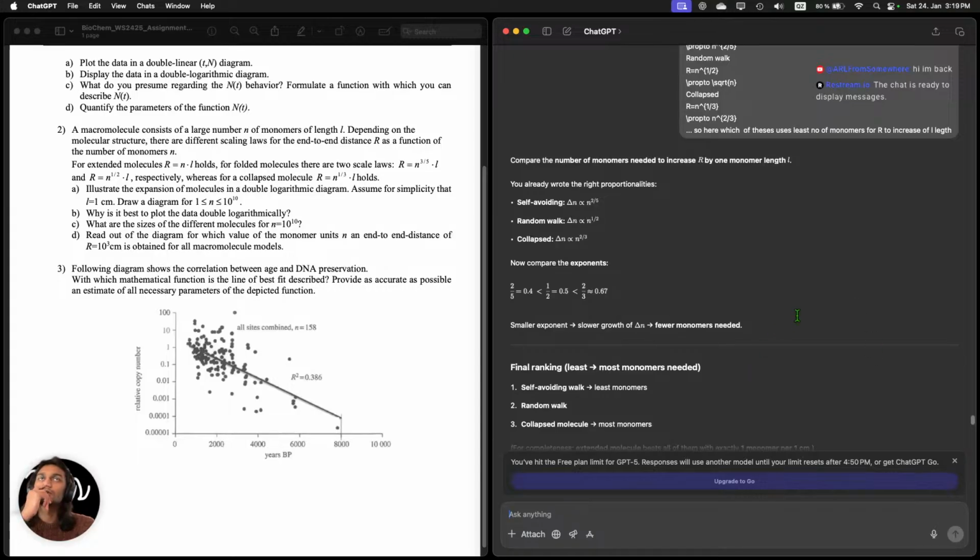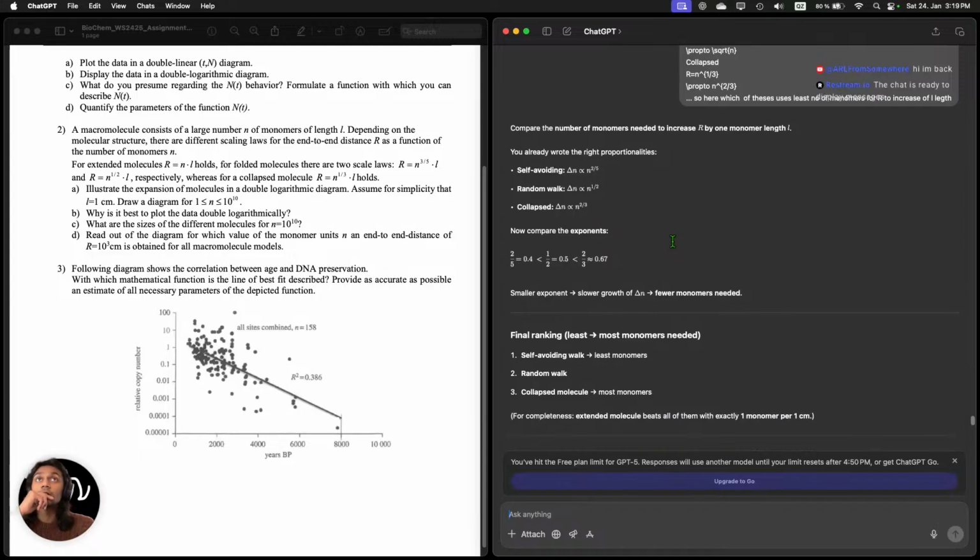You already wrote the right proportionalities: self-avoiding, random walk, collapsed. Now compare the exponents. Smaller exponent, slower growth, fewer monomers needed. Final ranking.